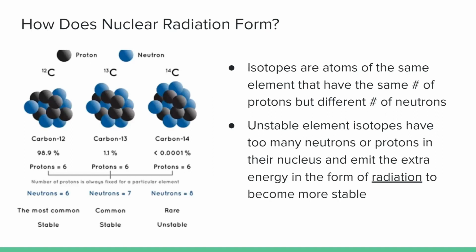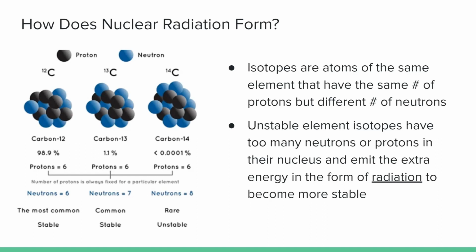So how does nuclear radiation form? Essentially every atom on the periodic table has different flavors of it called isotopes, which are just atoms of the same element that have the same number of protons, but can have a different number of neutrons in them. Usually, every element has several isotopes of itself, but only one or two of them are stable.